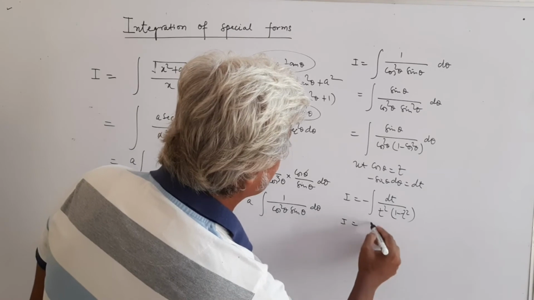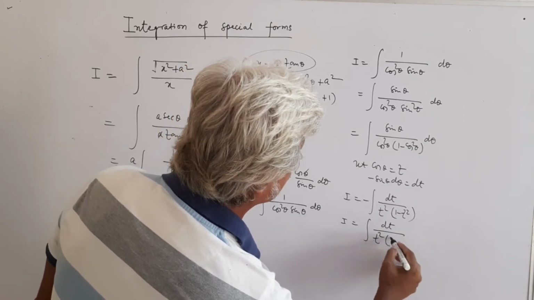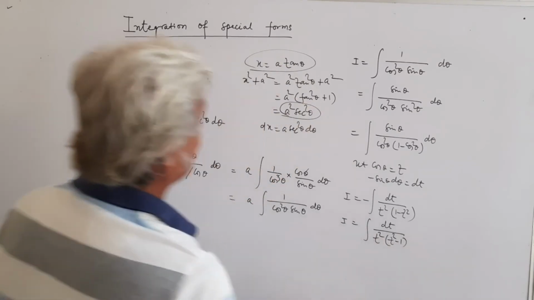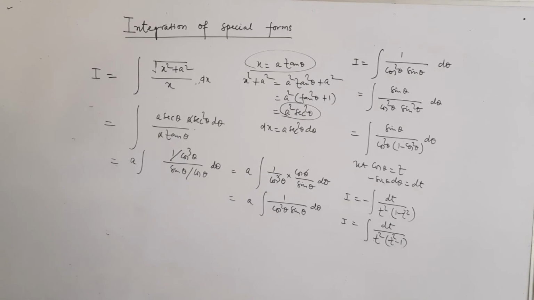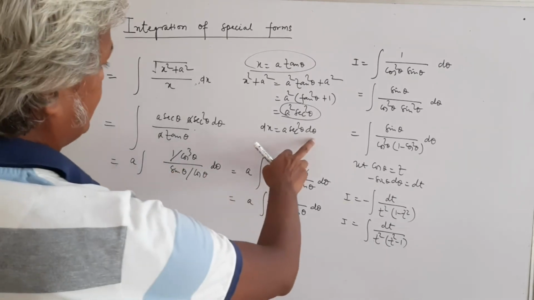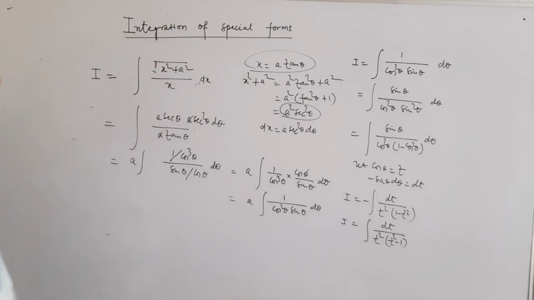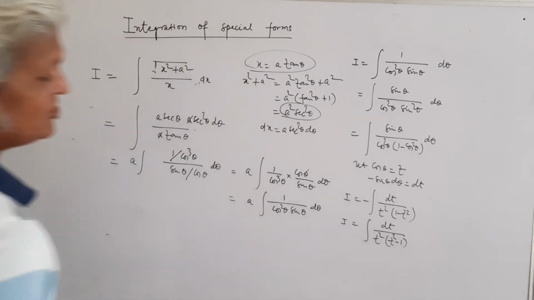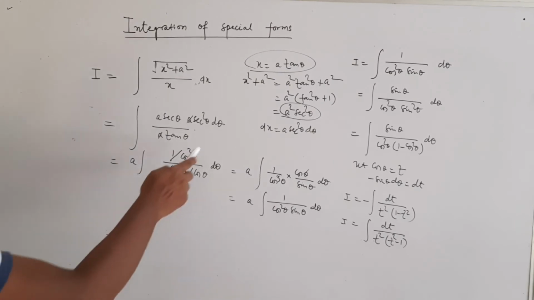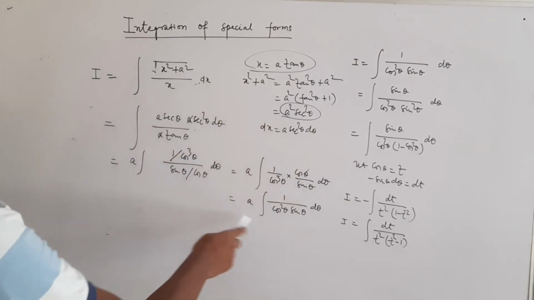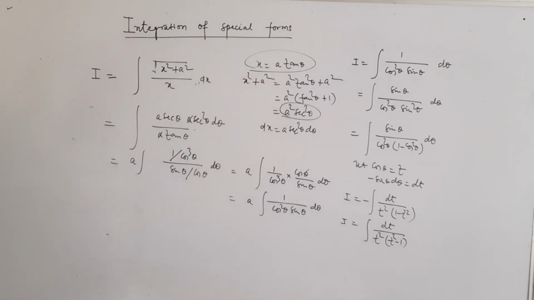So I is integration dt over t square into t square minus 1. So I was given the expression in terms of x. Now I substituted this and found it in terms of theta. Now from theta I have got back into this term, and this is the rational expression. So 1 over t square minus a square. So I want to remove this part and keep some of the information there, so that we can return back to the final answer.